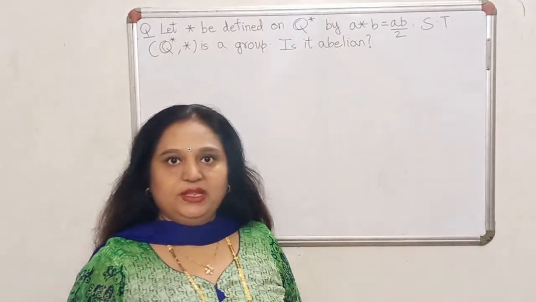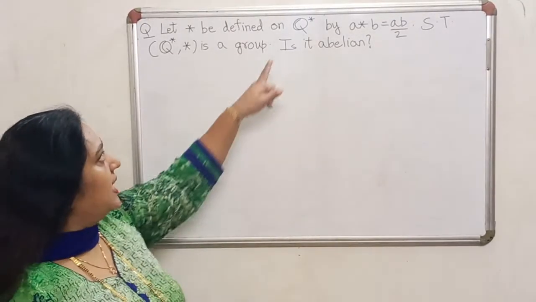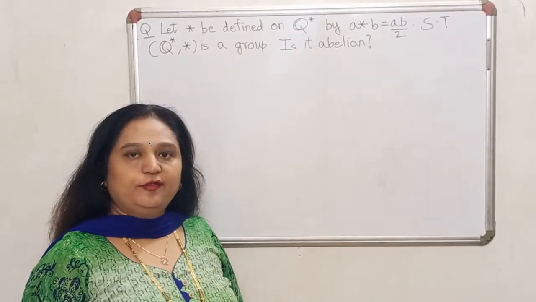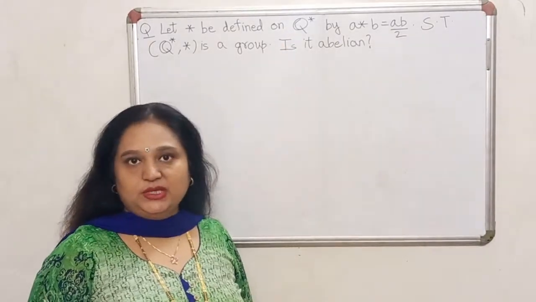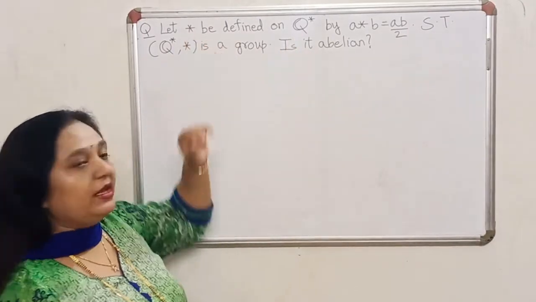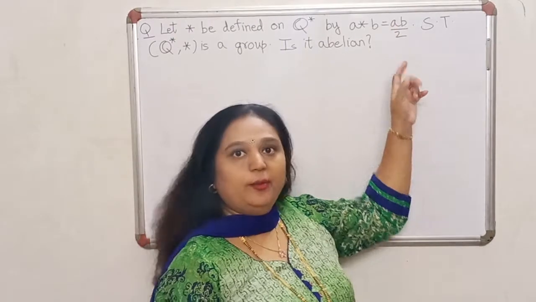So let's start with the first example. I start with the set Q star. Q star is the set of non-zero rational numbers. So here we have all rational numbers except 0, and on this set we define an operation star as A star B equal to A into B upon 2.